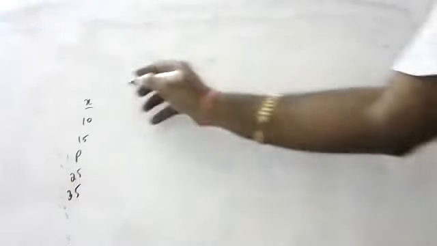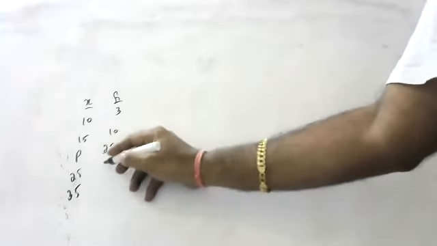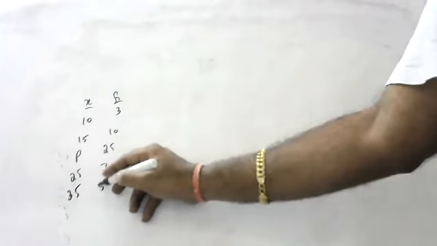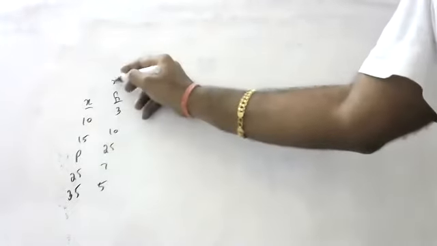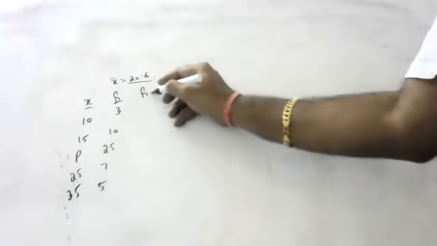F is equal to 3, 10, 25, 7, 5. Yes, sir. And the mean they have given as 20.6. You have to find out the value of P. So we will do Fi Xi.